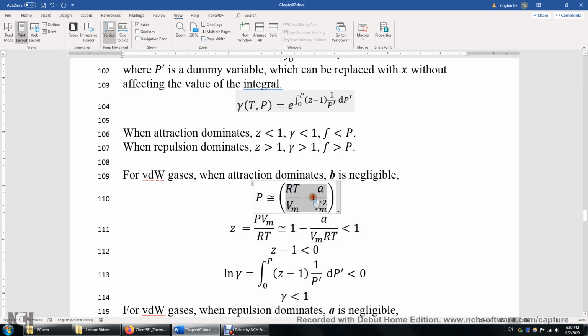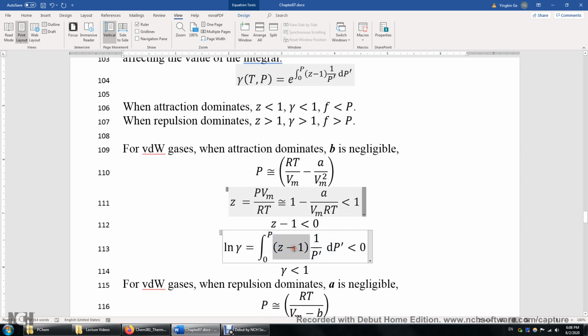So we plug in this as the pressure here, and we get 1 minus a over VmRT. So we just proved that when the attraction is predominant, Z is less than 1. And when Z is less than 1, again, this integral is negative. Therefore, this ln gamma is negative. Gamma is less than 1.